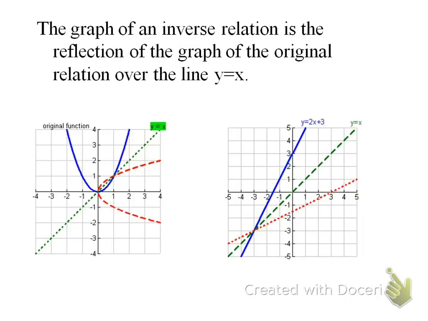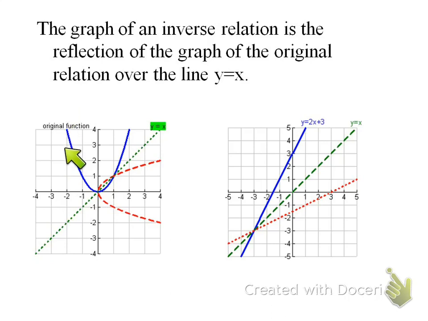This is an extremely important idea when it comes to inverse functions. The graph of an inverse relation or an inverse function is the reflection of the graph of the original relation over the line y equals x. We know just from slope-intercept stuff that y equals x starts at 0 and the slope is 1. So it goes through 1, 1, 2, 2, 3, 3, 4, 4, and the same thing in the negative.